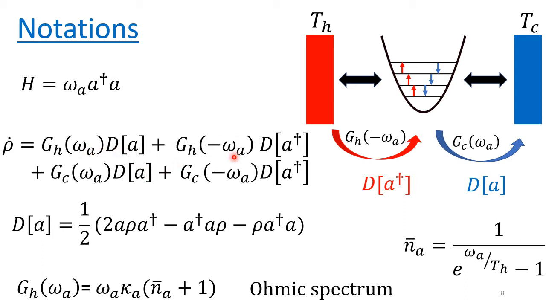The first two terms represent the dissipation from the left bath, which has a temperature T_H, and the second two terms correspond to the right bath. And these G functions, G_H and G_C, include the information from the spectral densities of the baths. In this work, we only consider ohmic spectral densities, which is basically given here.